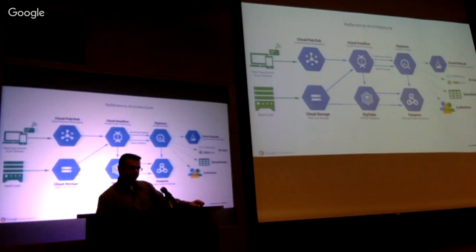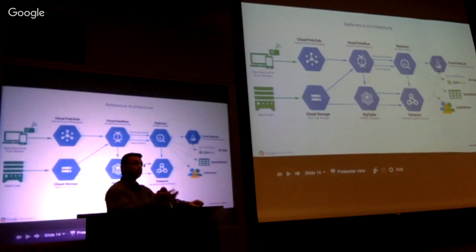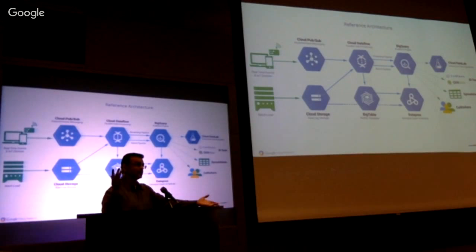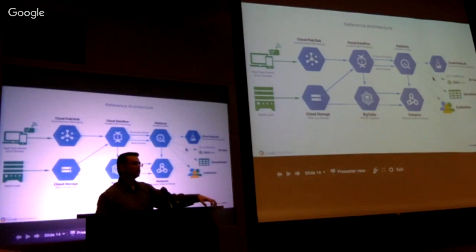And once you've extracted the value, you're going to put this into BigQuery so that all of these downstream people, your co-workers, your IT department, your finance, your legal analyst, can actually hit BigQuery and get some value out of it.